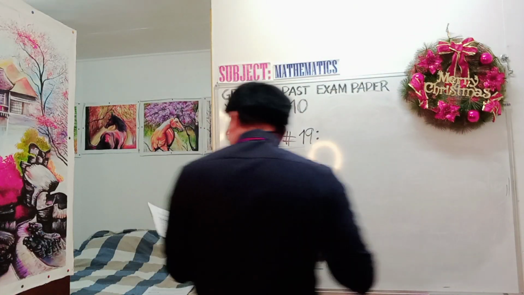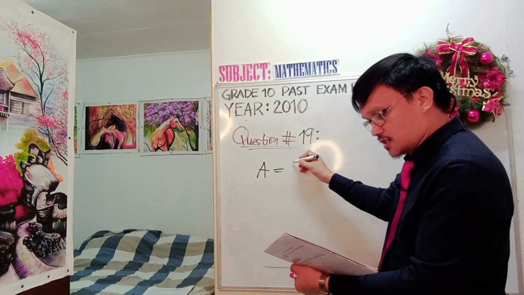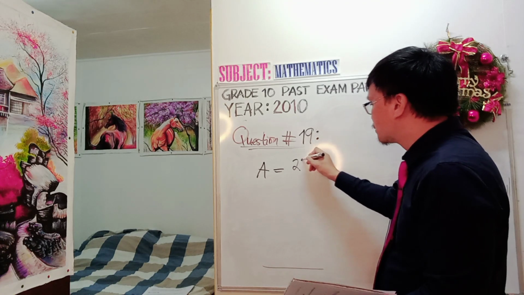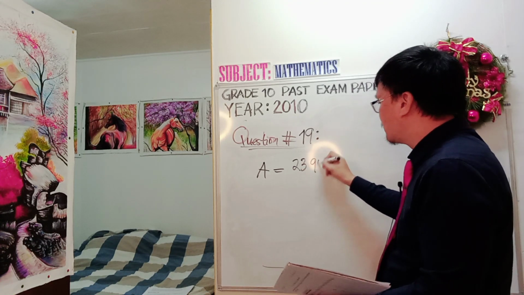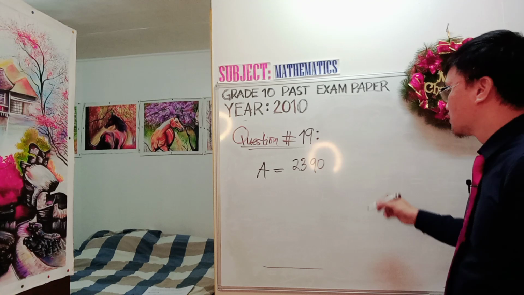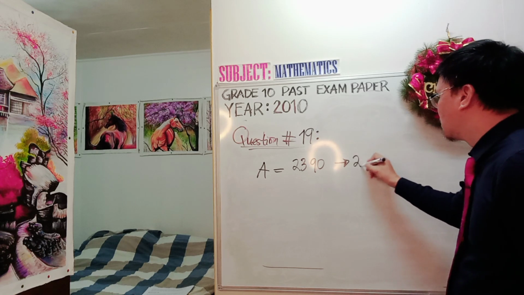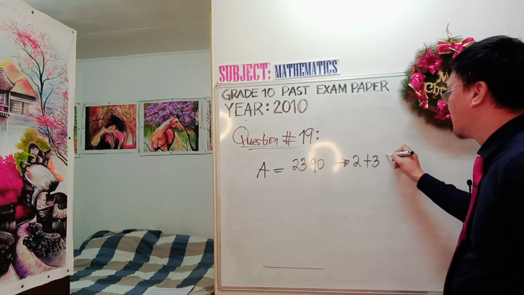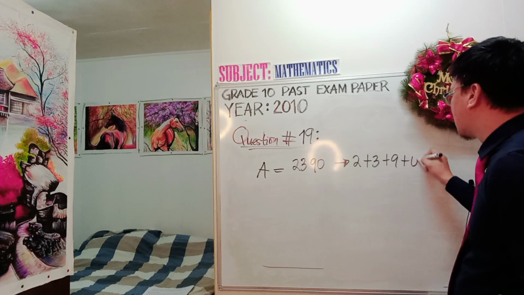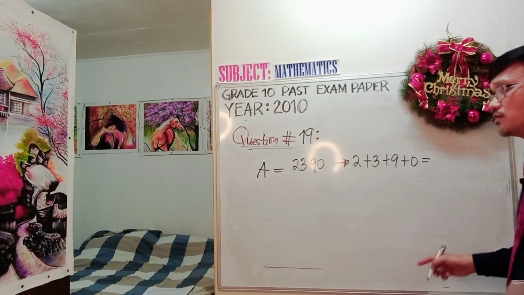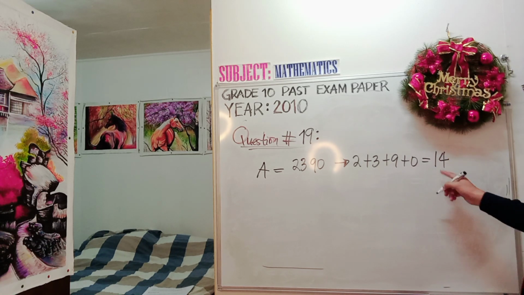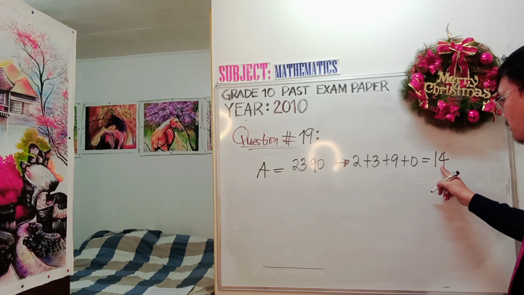Letter A, the number is 2, 3, 9, 0. If we add 2 plus 3 plus 9 plus 0, the answer is 14. Now, is 14 divisible by 3?